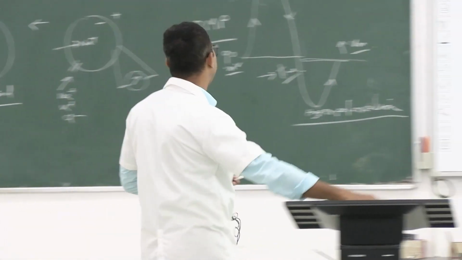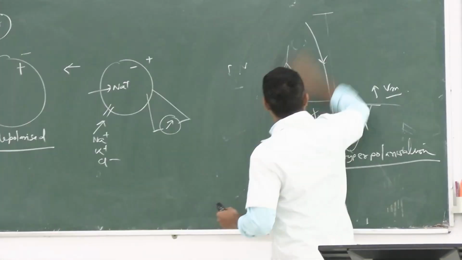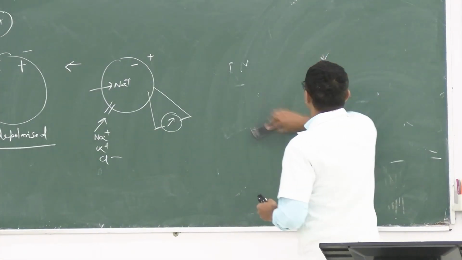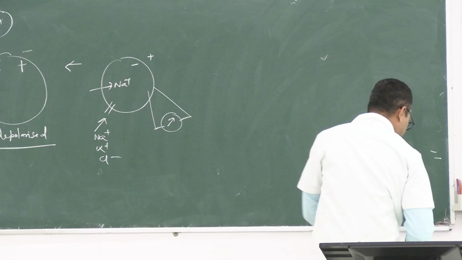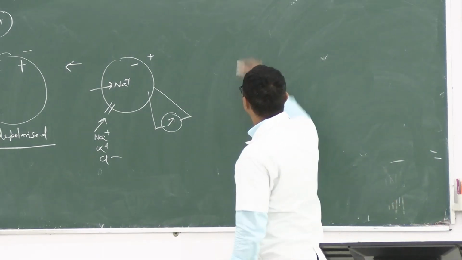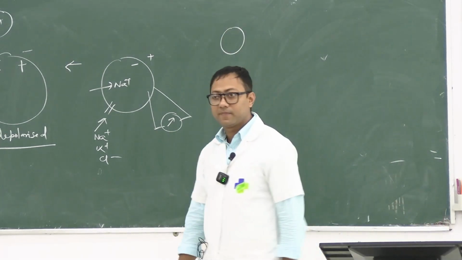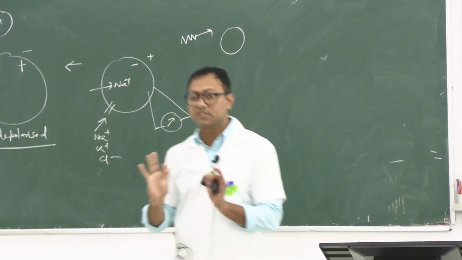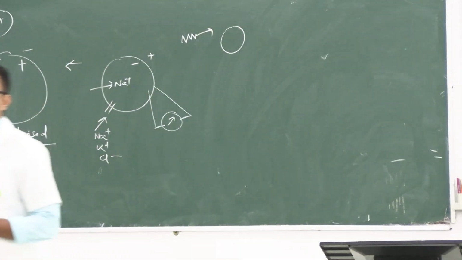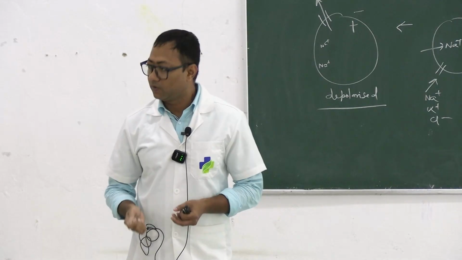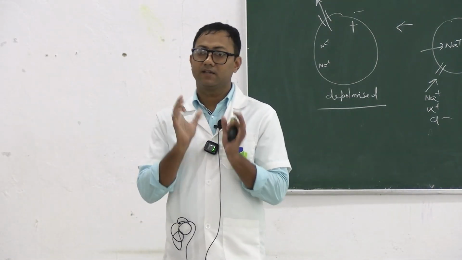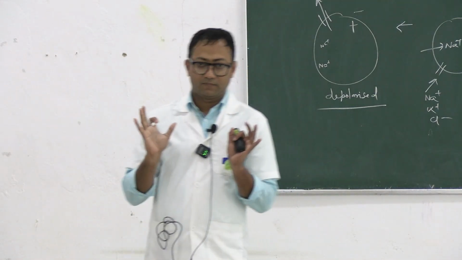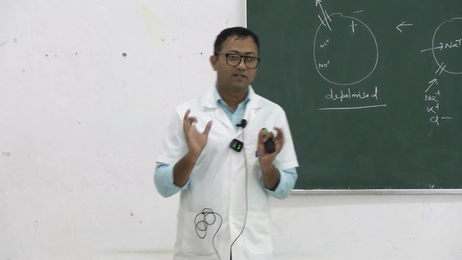So you have a cell and you are applying electricity on the cell membrane so that the cell is excited.